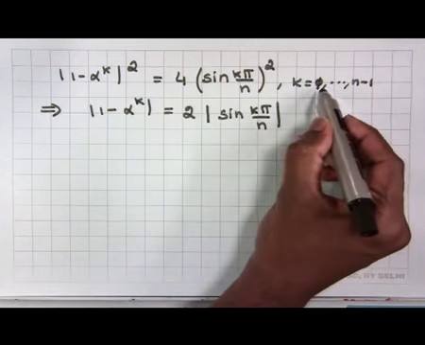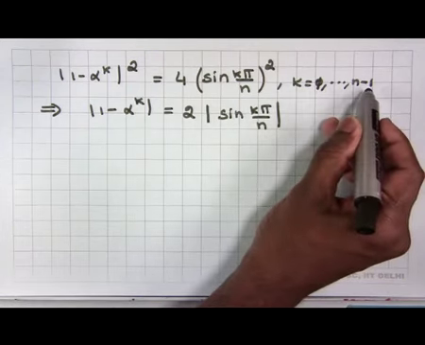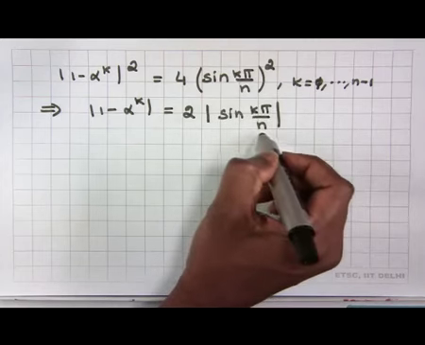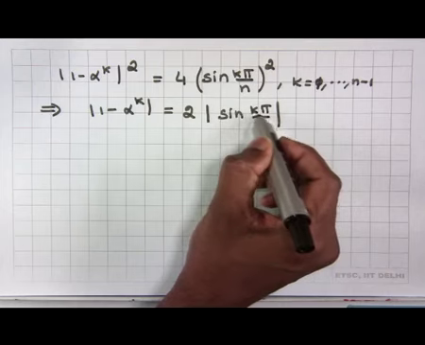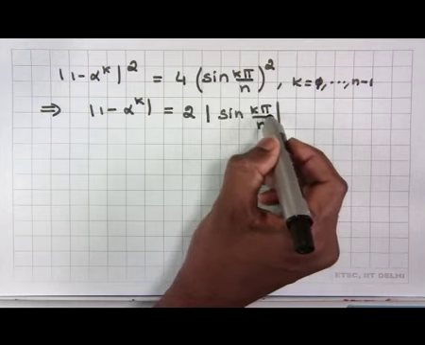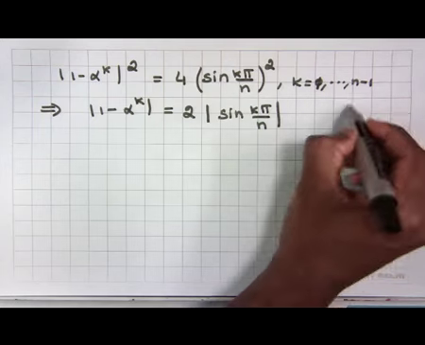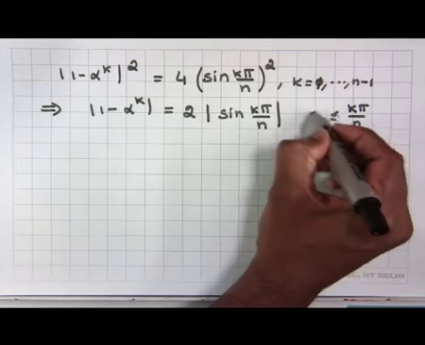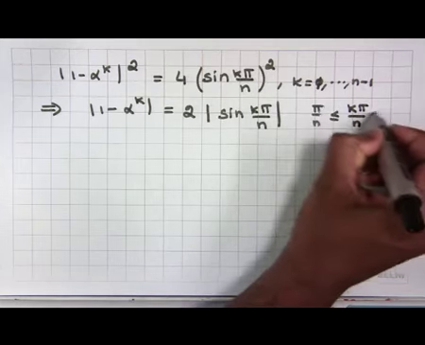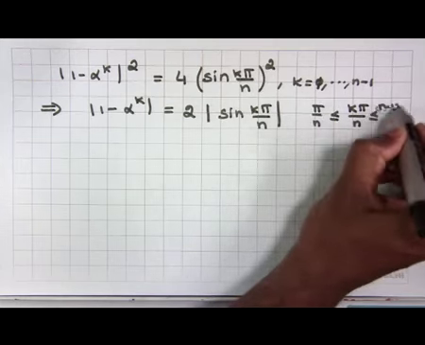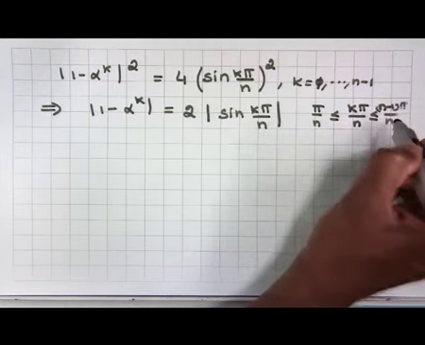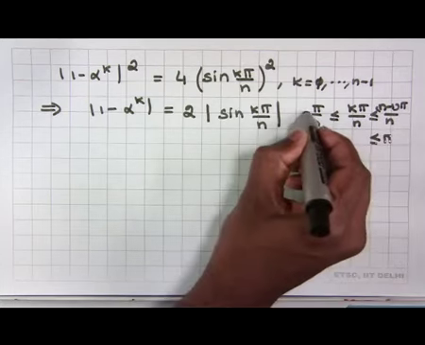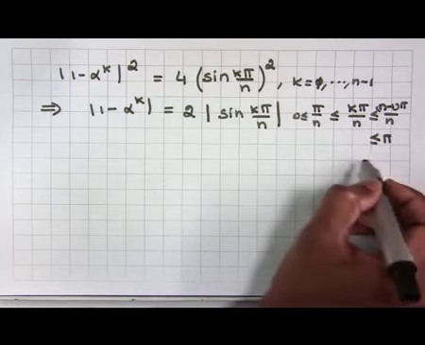Since k ranges from 1 to n minus 1, now you see the argument here, the value varies from 0 to pi. So, the k pi by n value is pi by n to n minus 1 pi by n, which is certainly less than or equal to pi, and similarly this is greater than or equal to 0.